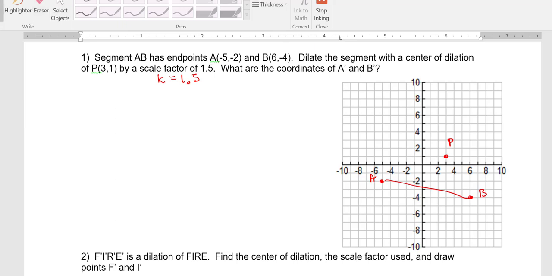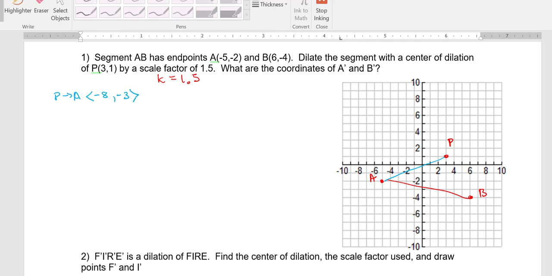And basically, what I have to know here is that, okay, from P to A, what is my difference here? It's going to be -8 in the x direction and -3 in the y direction.